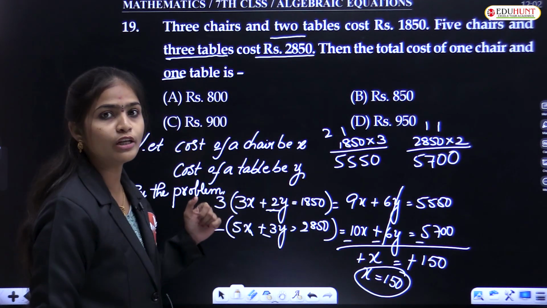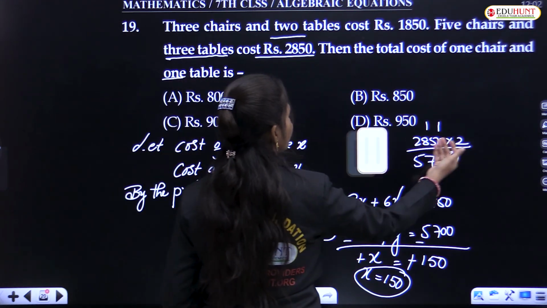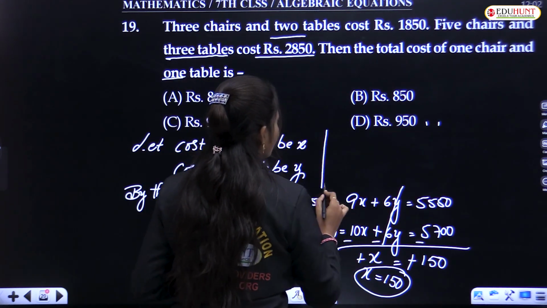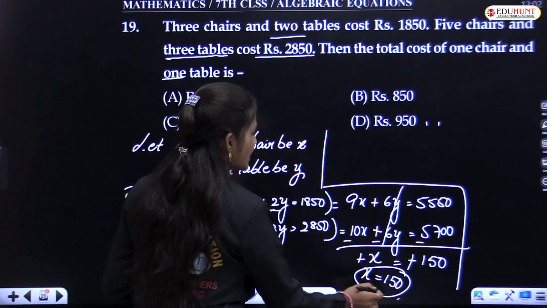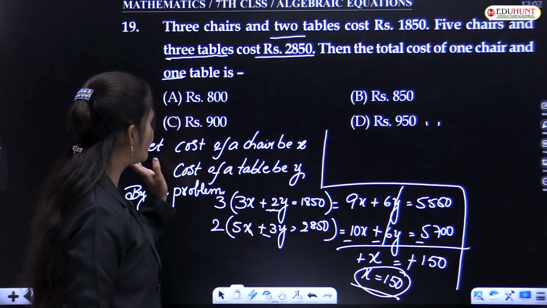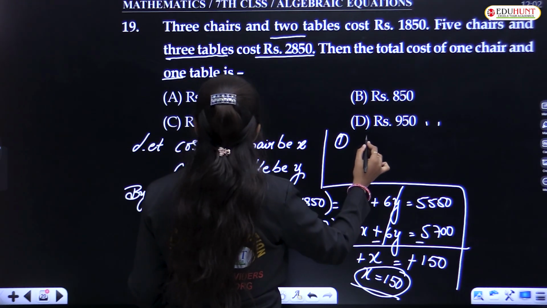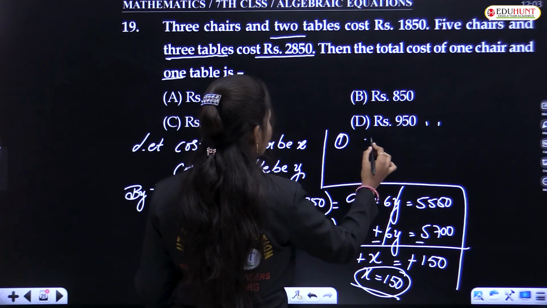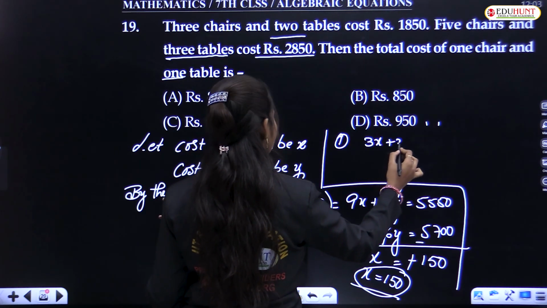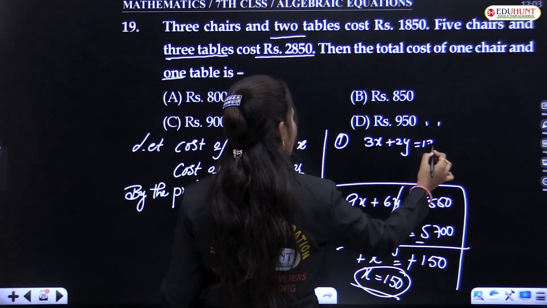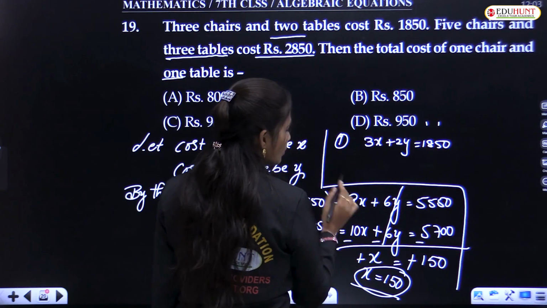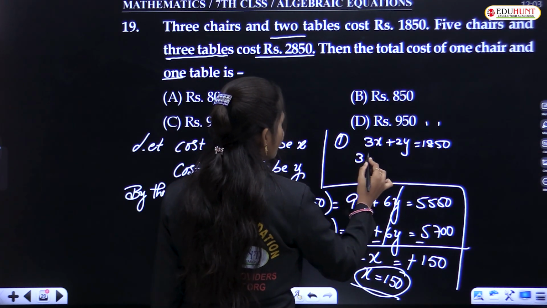We need to find the value of y. Okay, so substitute x equals 150 in any one of the equations. I am going to choose equation number 1. What is that equation here? 3x plus 2y is equal to 1850. So x is equal to 150.